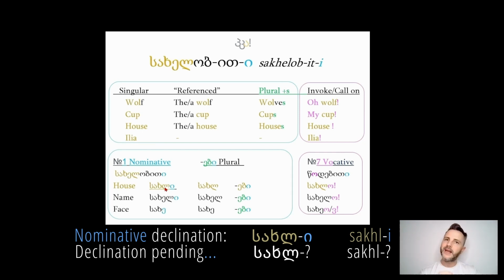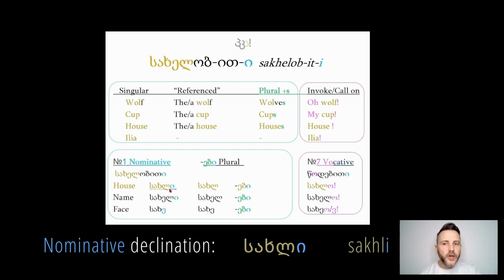We're always declining a root and then doing something with the end product. So sakhli is now a referenceable word. Sakhl is almost a little bit like the word house with a capital H with nothing to do. It sort of hangs there. You've got to know it, but H, capital H-O-U-S-E, does nothing. Sakhl does nothing. Sakhli is now a nominative noun.